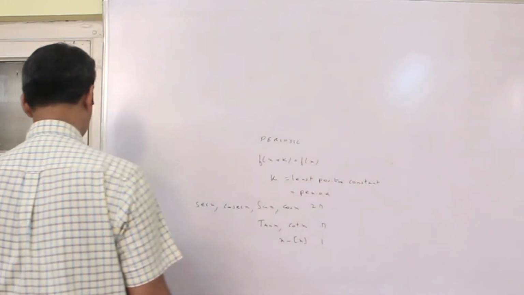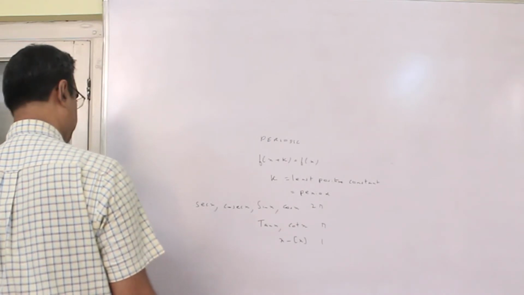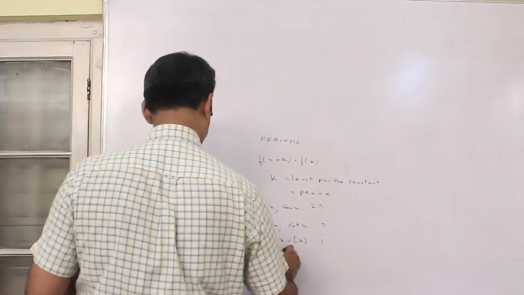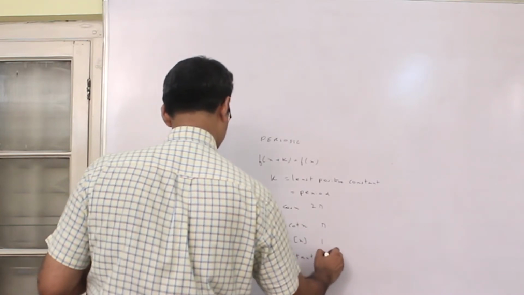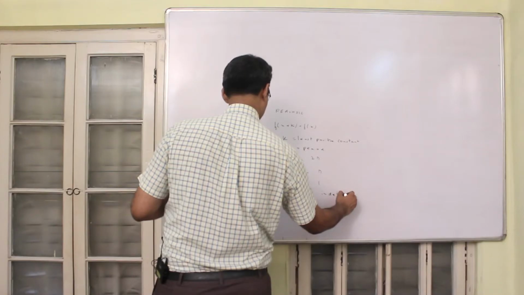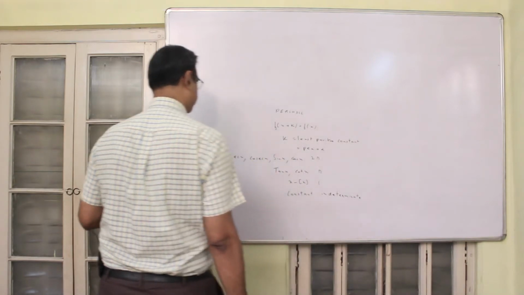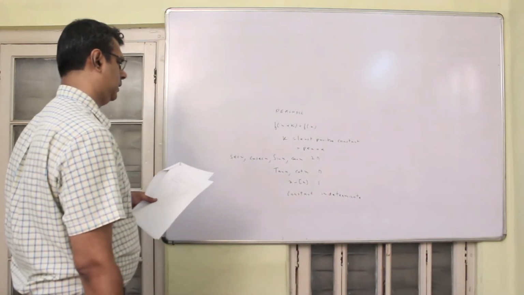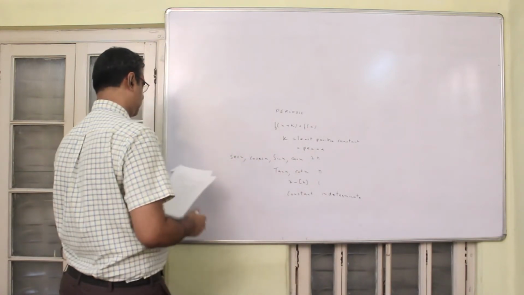The period of x minus greatest integer of x is 1. Now it's an interesting thing that a constant function has an indeterminate period because we cannot find the least positive constant.